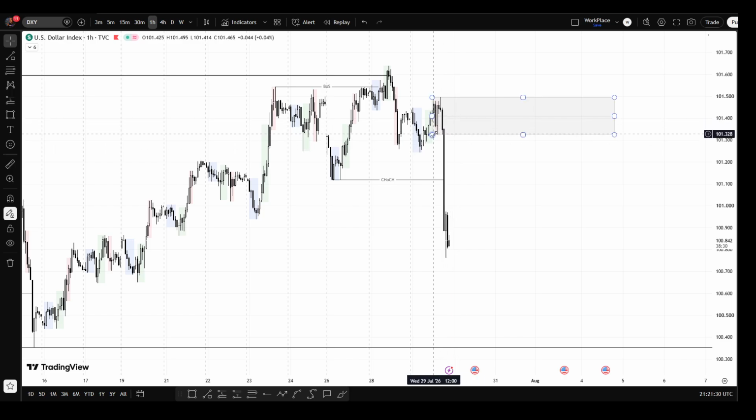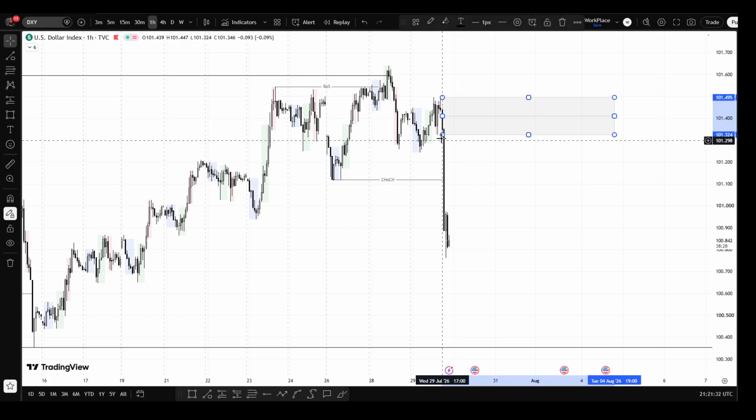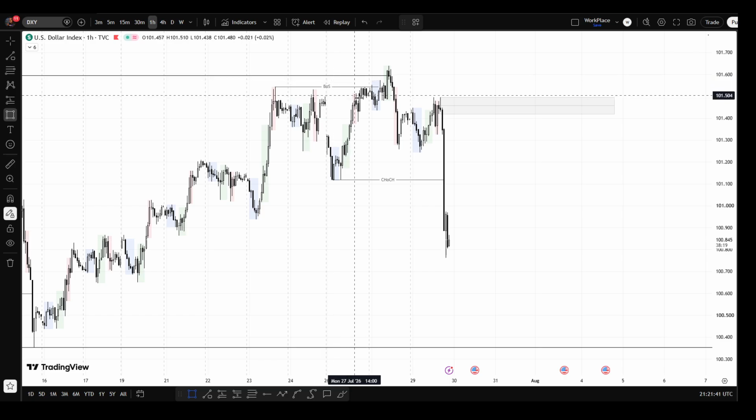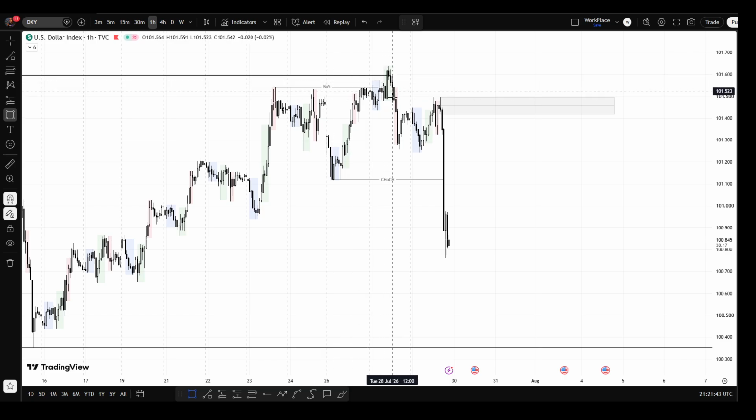On the 1 hour time frame, you can see that we have this order block here. This is a 1 hour order block, which is a supply zone. And then we're having another supply zone here on the 1 hour time frame, which is unmitigated.